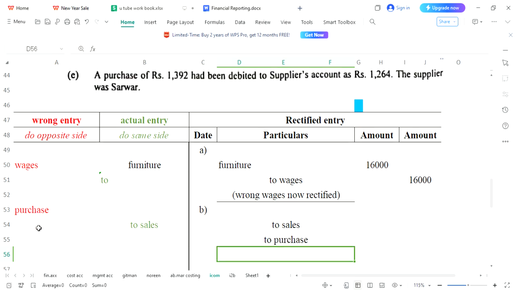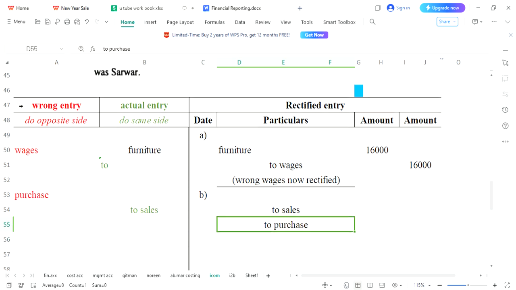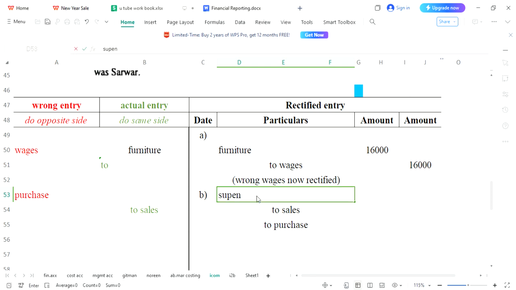In this way, we have completed our entry, but nothing is present on the debit side. Just to fill the space, we will write over here. What will you write over here? Listen, the mistake has been rectified, customer account was correct, so nothing has been left to be written over here. So what you will do is write suspense account.